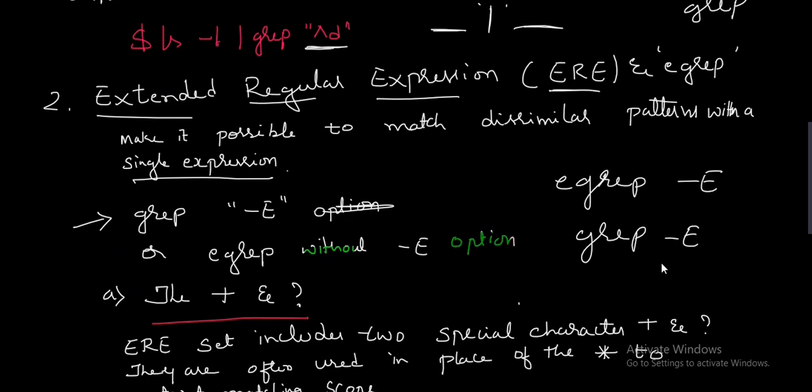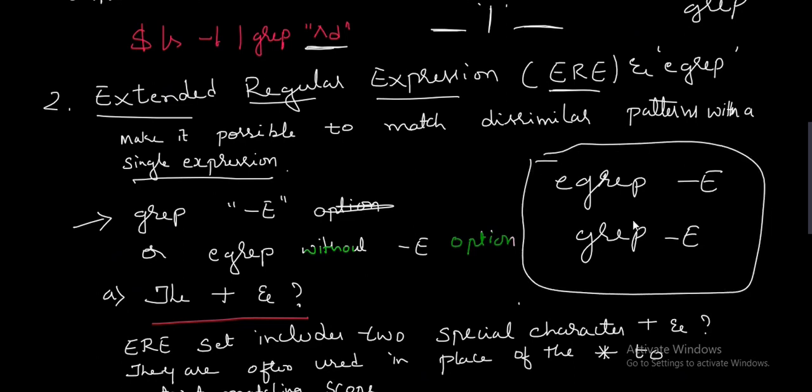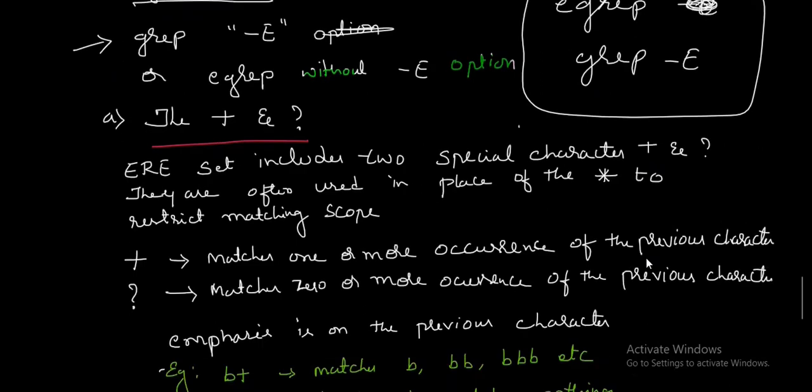But this is capital E, so there is a different meaning for both. Be careful when using extended regular expression. If you are using egrep, don't use the minus E option. If you are using just the grep command, then you have to use the minus capital E option. Let's see how it works.